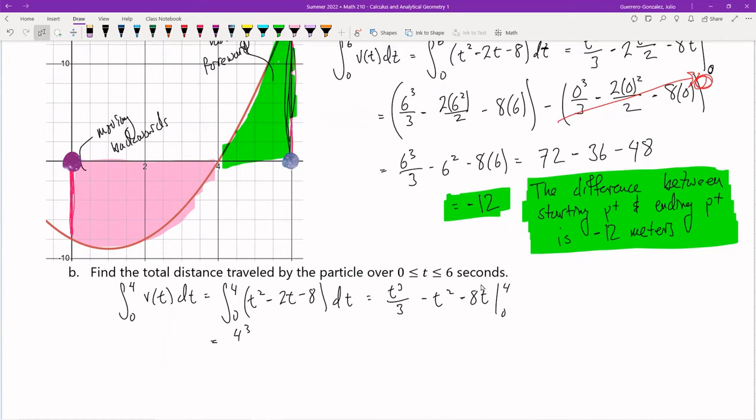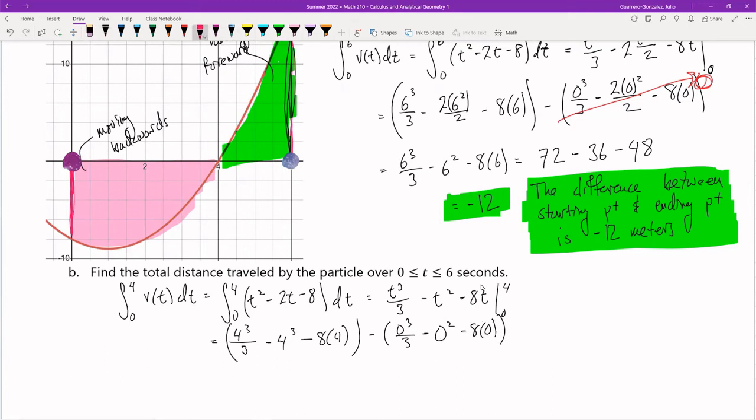So 4 cubed over 3 minus 4 squared minus 8 times 4. Ooh, almost got lost there, right? That's for the 4, and then minus the one for the 0. So 0 cubed over 3 minus 0 squared minus 8 times 0.